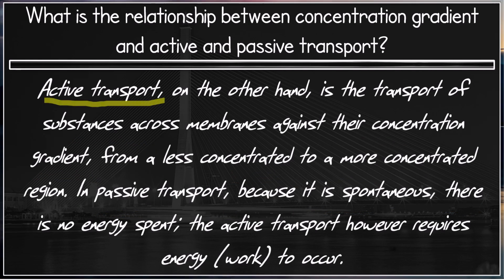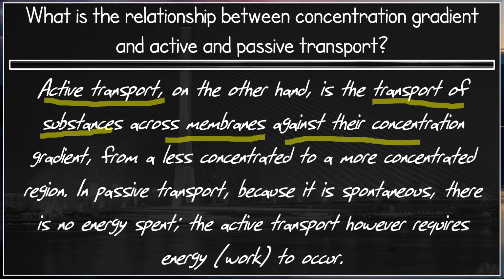Active transport, on the other hand, is the transport of substances across the membrane against their concentration gradient, from a less concentrated to a more concentrated region.